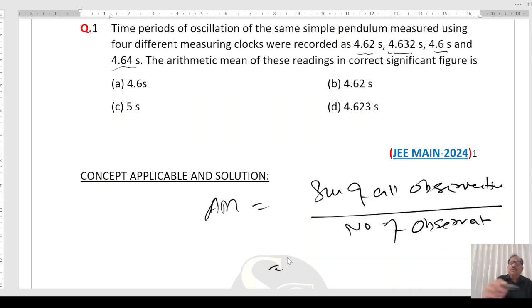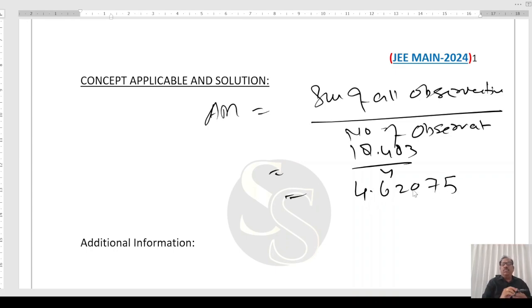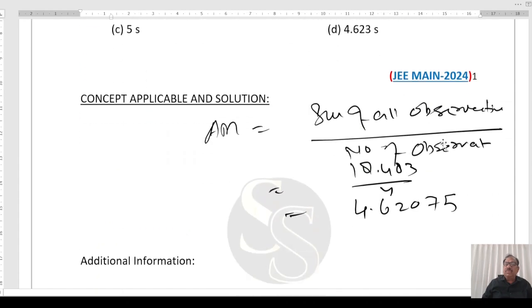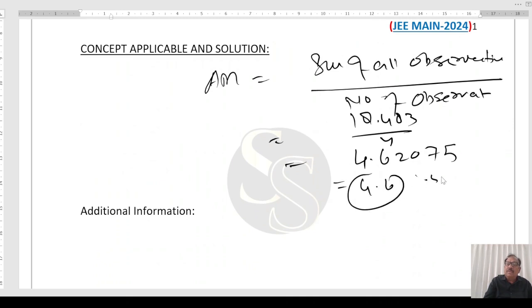The sum is 18.483, divided by 4. On simplification we get 4.62075. We have to conclude the answer up to correct significant figures. The least number of significant figures among the given values is two. Rounding off to two significant figures, 4.6 is the correct answer.